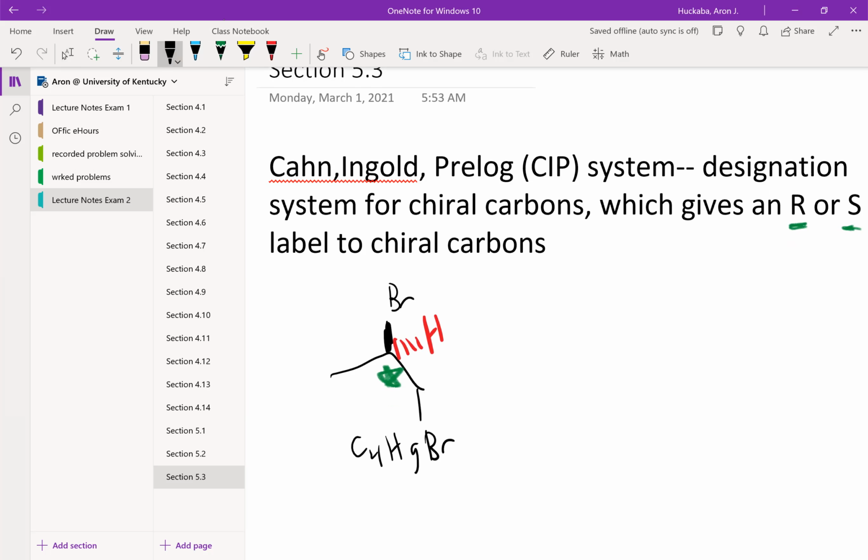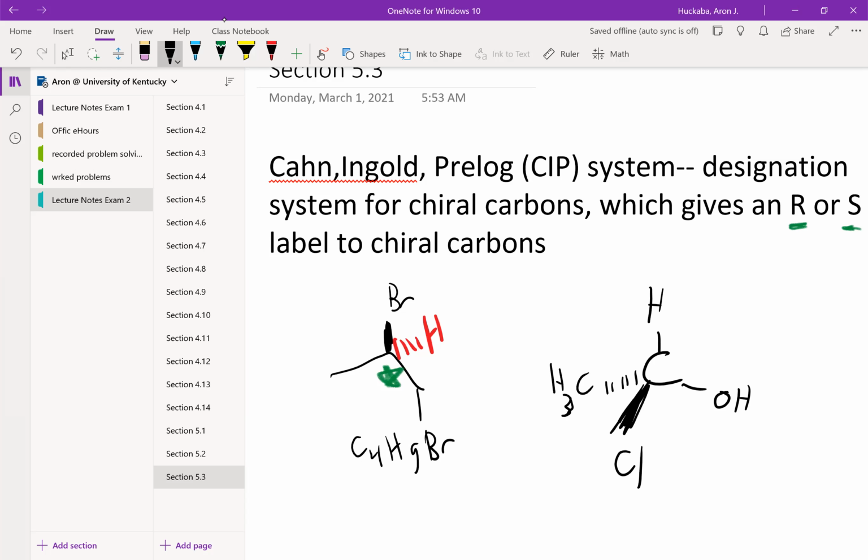All right, so let's do a very simple one. So if we have a carbon, and that carbon is attached to a hydrogen, OH, let's draw it a different way, because I've been drawing it the same way each time. There we go, here's a wedge over here. This will be a chlorine, and this will be a CH3.